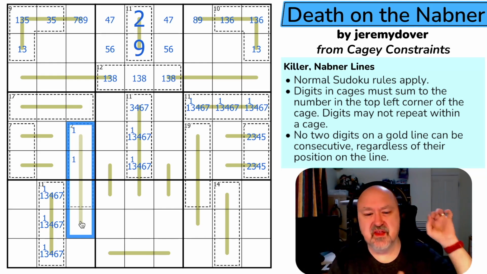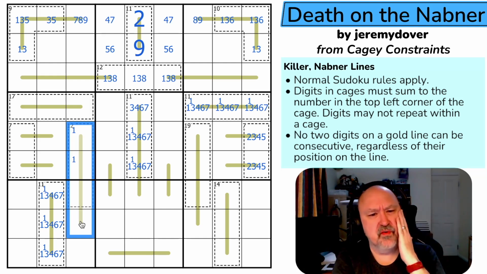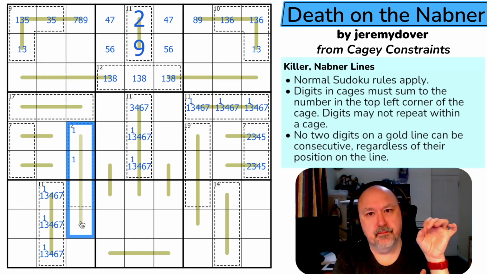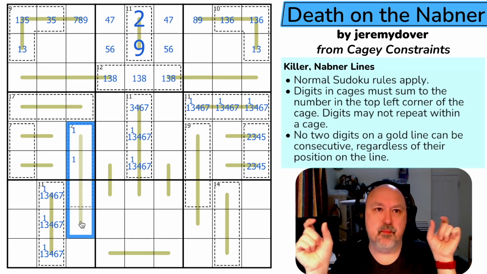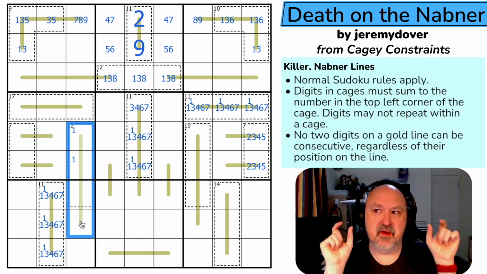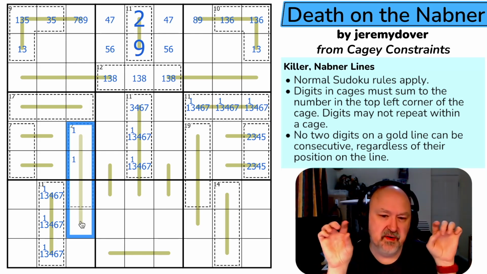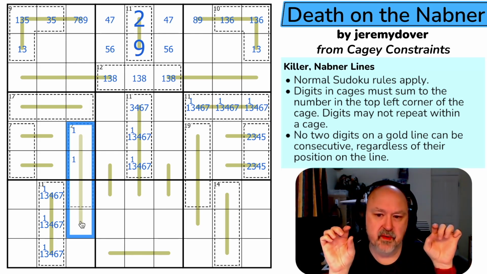I think the minute there's an even digit on a 4-cell Nabner, so if you put 2 on it, it doesn't quite force it. But if you skip 1 or 9 on a 4-cell Nabner, it becomes quite restricted, but not completely. There's always a little bit of freedom on a 4-cell Nabner.